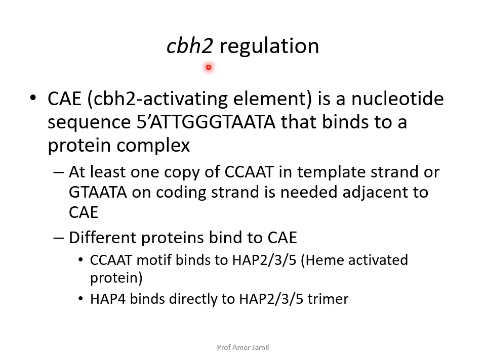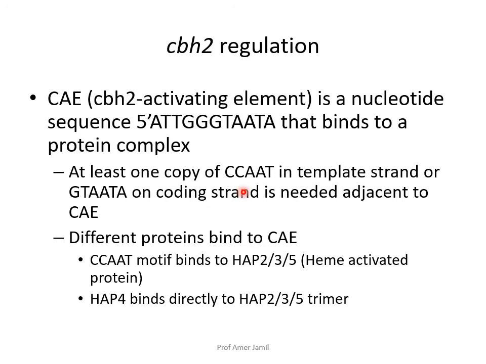CBH2, cellobiohydrolase 2, is another gene present in this fungus, and it has this CAE, CBH2 activating element. This is a nucleotide sequence that binds to the protein complex. And at least one copy of CCAAT in the template strand or GTAT on the coding strand is needed adjacent to this CAE.